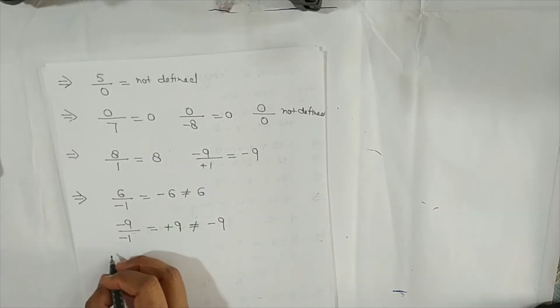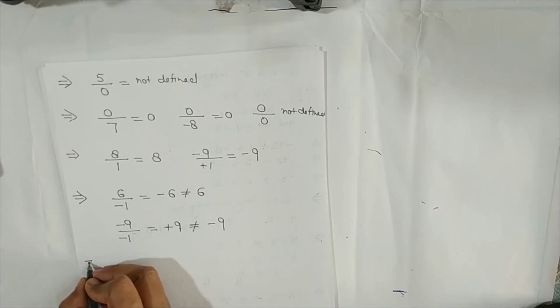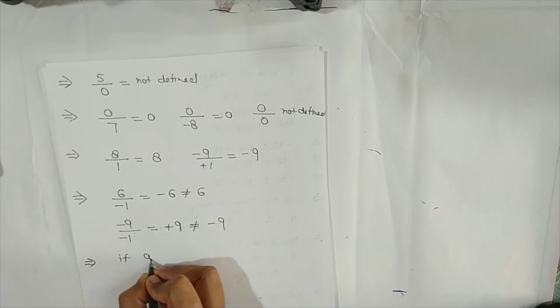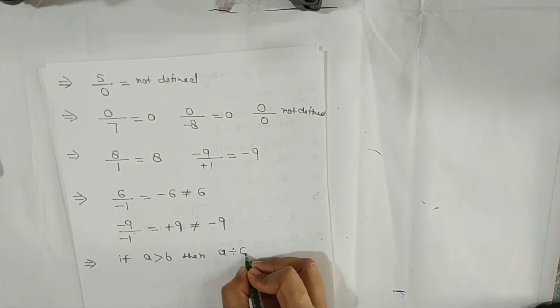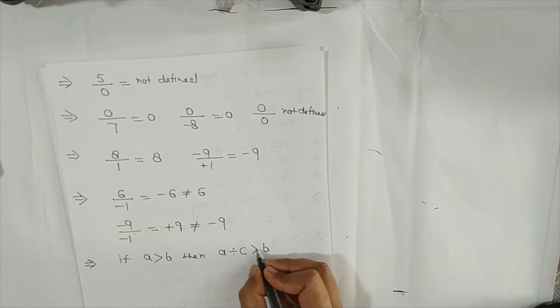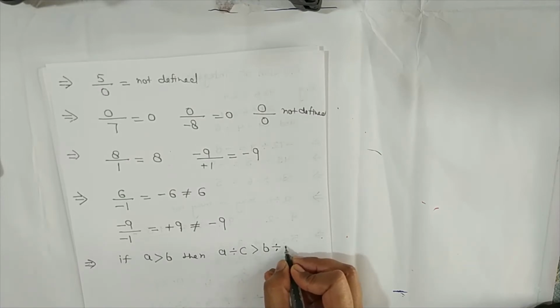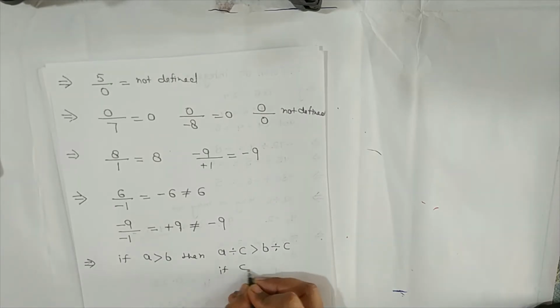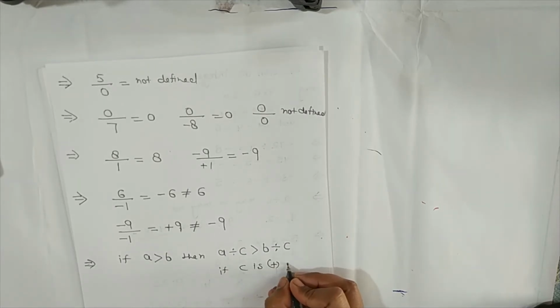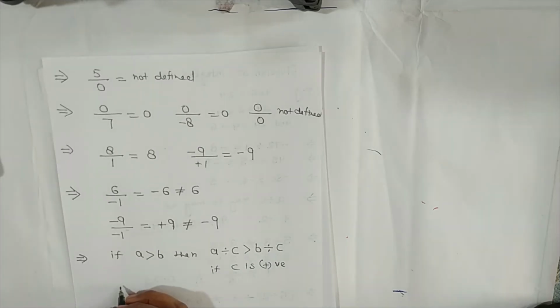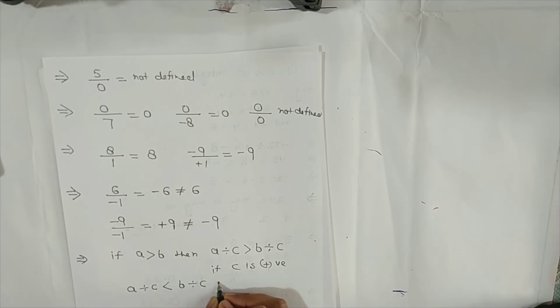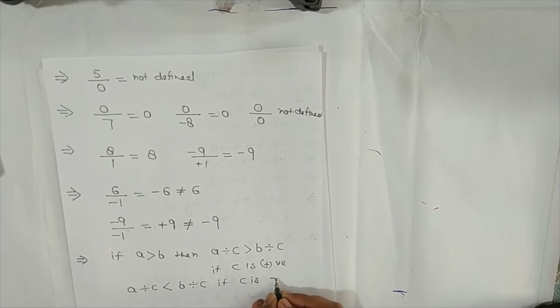Now the last point. If a is greater than b, then a divided by c is always greater than b divided by c if c is positive, and a divided by c is less than b divided by c if c is negative.